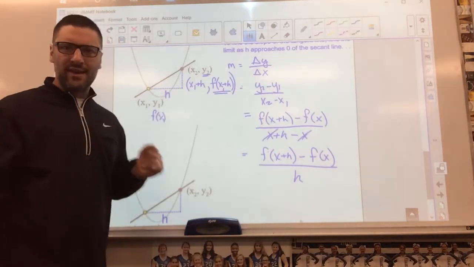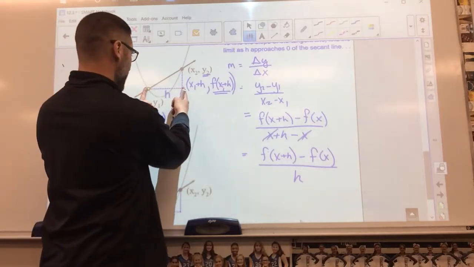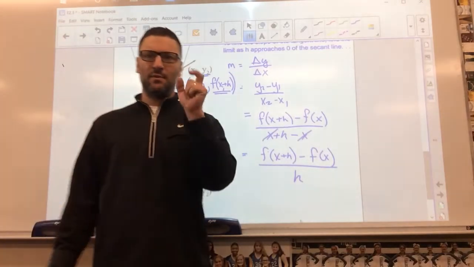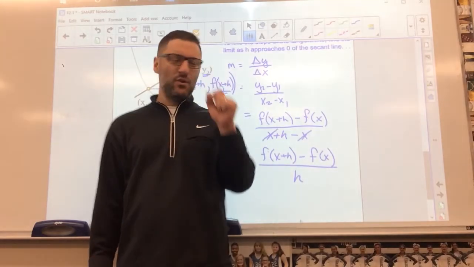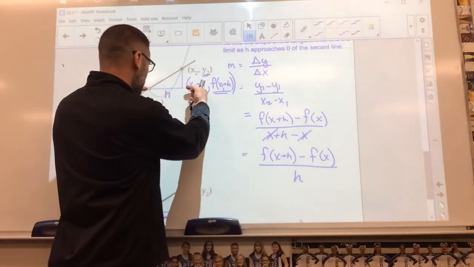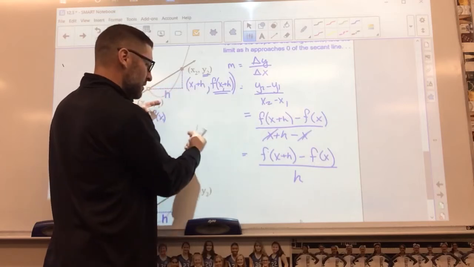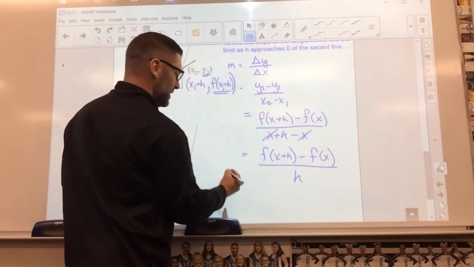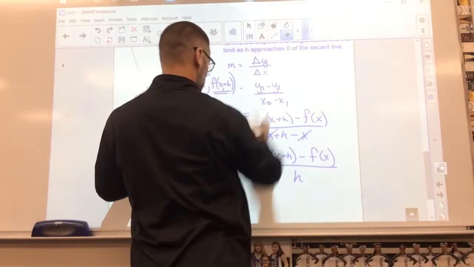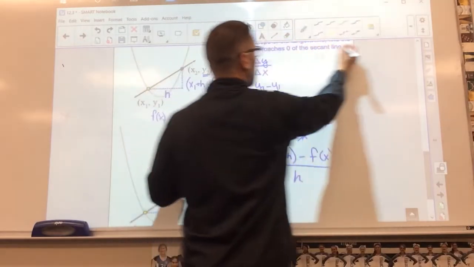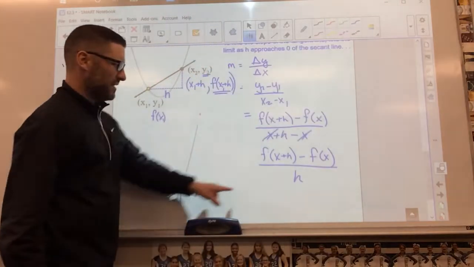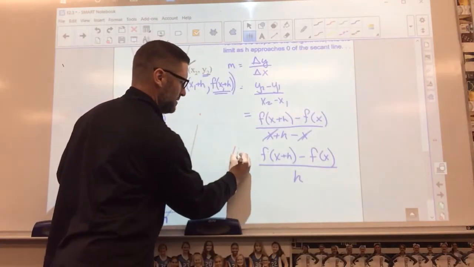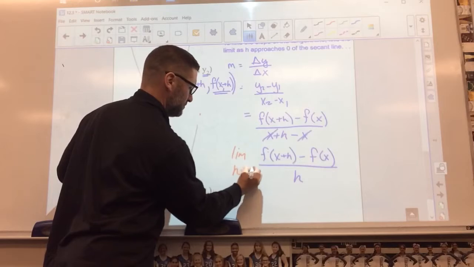But what I would really like is to have this h value shrink down to a minuscule value where I can't even tell the difference between the two points. I would like to make these two things go together. What I would really like is to find the limit of this as h goes to 0.